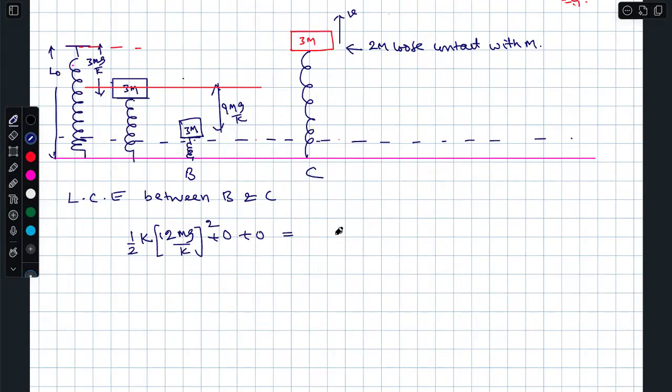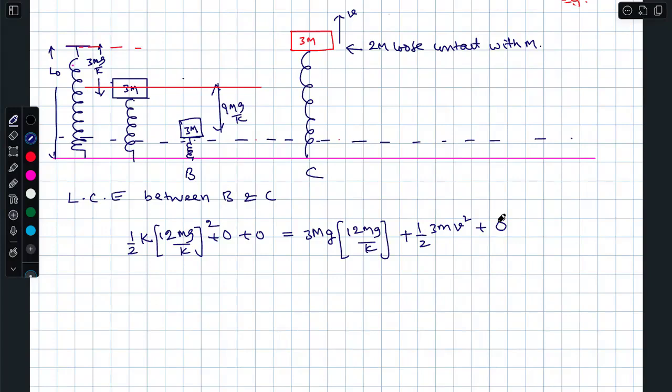But the moment you reach here, 3mg times 12mg by k, gravitational potential energy, plus half 3m v square plus 0. Why 0? Spring is relaxed. At that instant, the moment you reach there, the spring is relaxed. Are we clear? Sure?